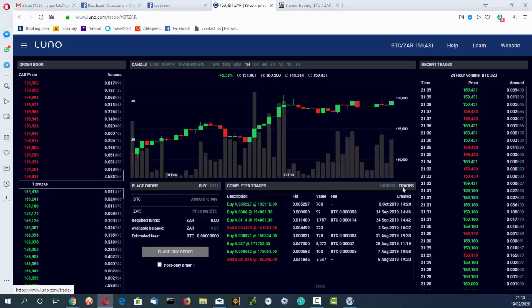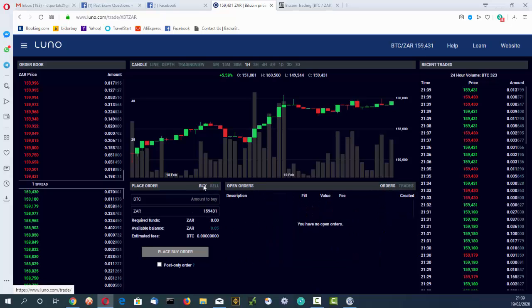If you come to trades, these are the orders that have been executed. Here, this is buy if you are a buyer in the market, and this is sell if you want to sell in the market.